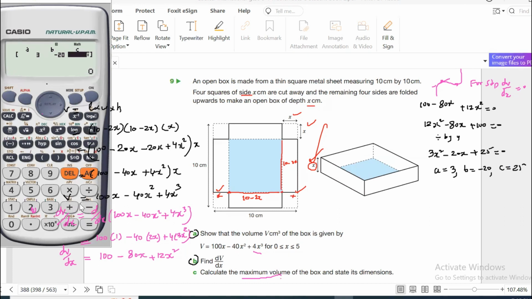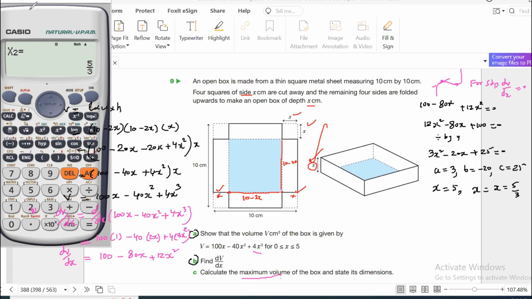So I'm getting one value, x is equal to 5, and the second value, because it's quadratic, so we must have two answers, I'm getting 5 over 3. So x is equal to 5 over 3.